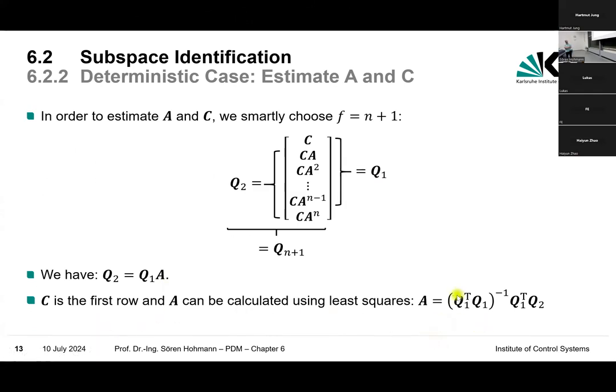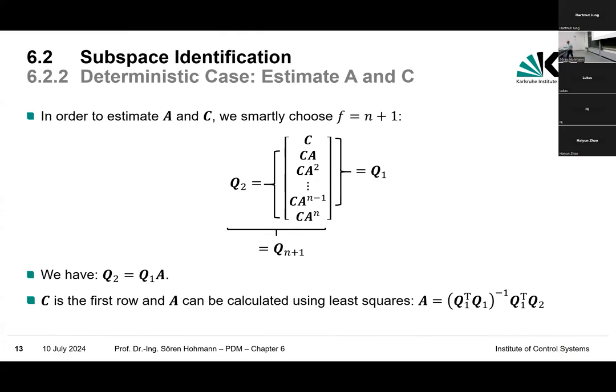Q1 times A gives Q2, so I have to invert Q1 and multiply with Q2, and I have it. Due to the fact that it's an overdetermined problem, we have a least squares problem, we solve it. And then we have A. So now C and A are given.